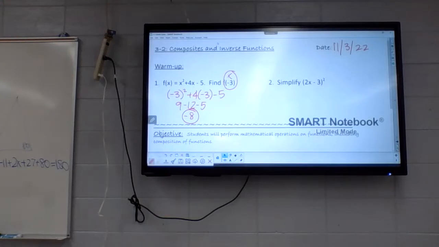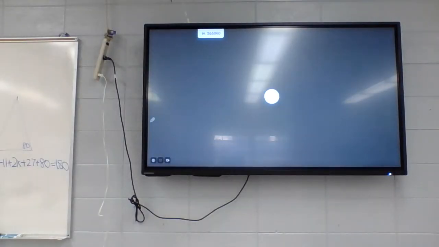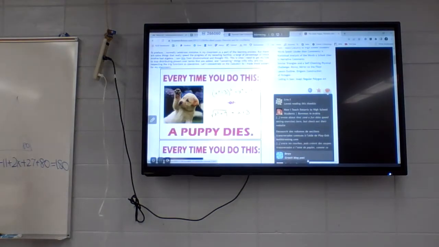There's actually a whole website about different little things that you could do, and of course they pick the cutest puppy ever, and he's waving his paw at you.